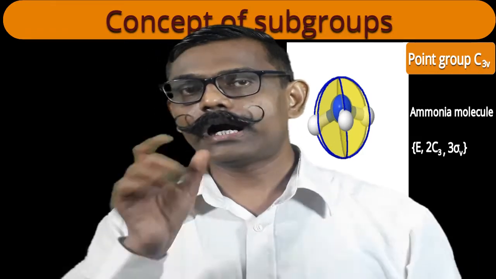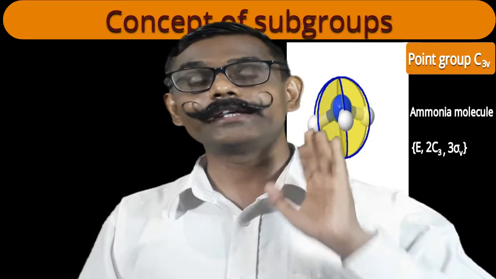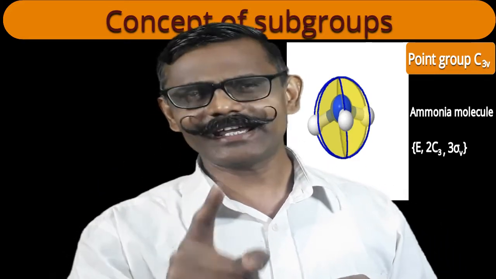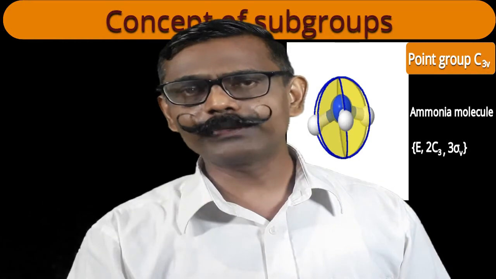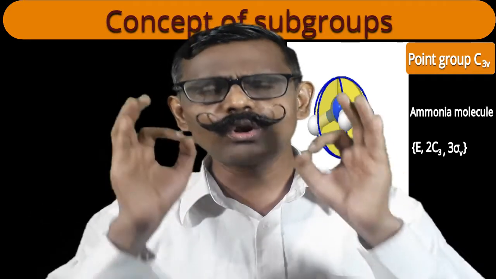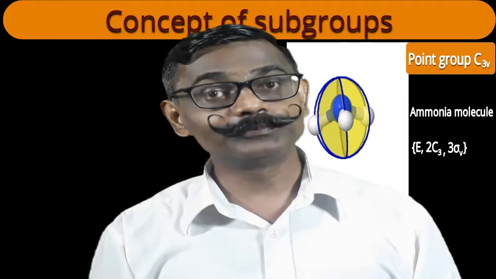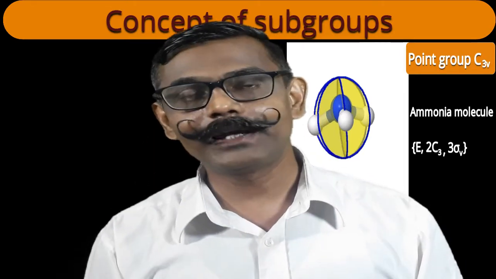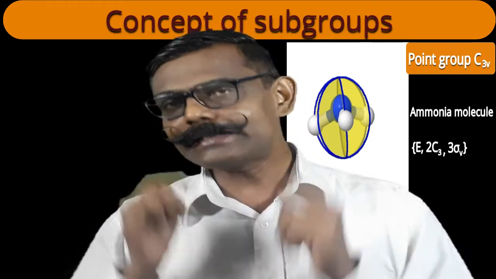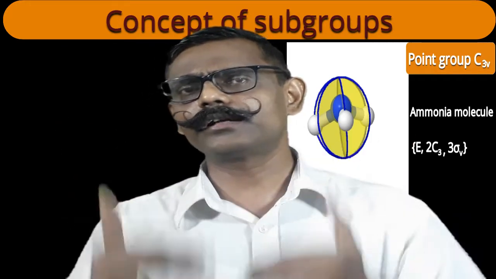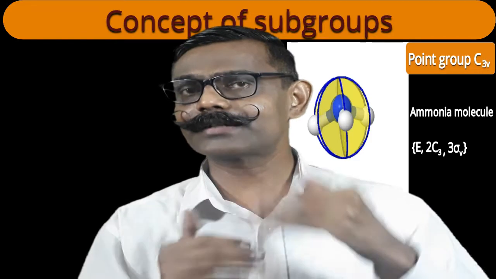Third subgroup, identity and one of the planes, say sigma. What is the label for that point group? Cs. Yes. If along with the basic trivial identity only a reflection operation remains, then that group or subgroup can be labeled as Cs. As I consider identity and sigma, likewise I can consider another pair, identity and sigma dash.